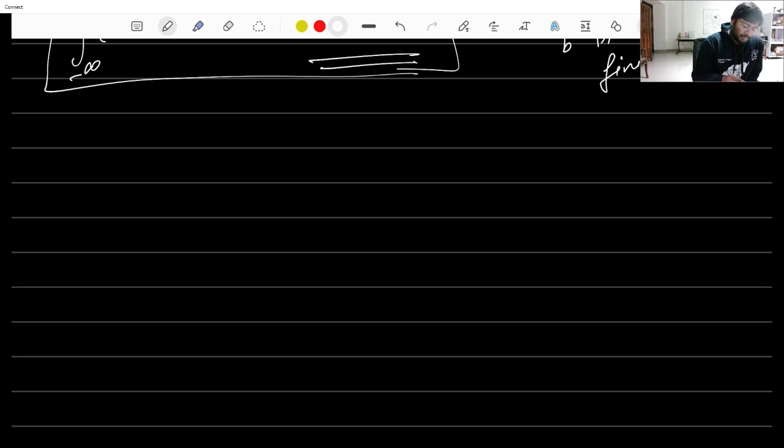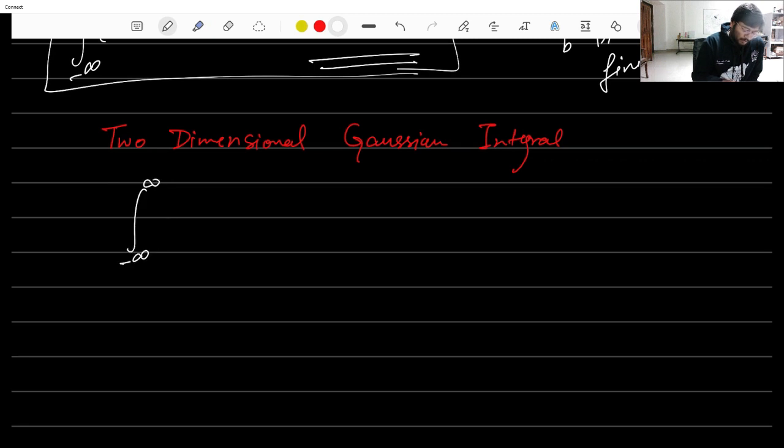Let us see one integration. If I write the integral from minus infinity to plus infinity dx, minus infinity to plus infinity dy, e to the power minus x square plus 2 nu xy plus y square.